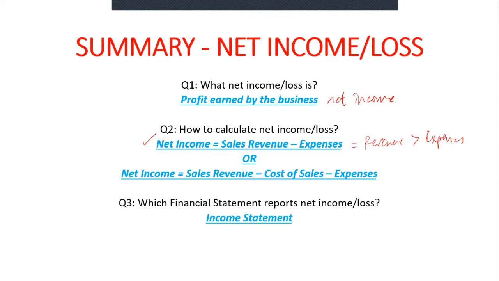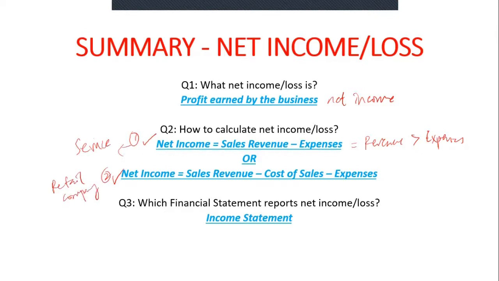The first is net income equals sales revenue minus expenses if it's a service company. The second is net income equals sales revenue minus cost of sales minus expenses, and this could be a retail or merchandise company.